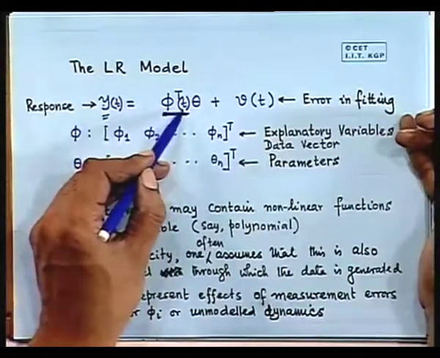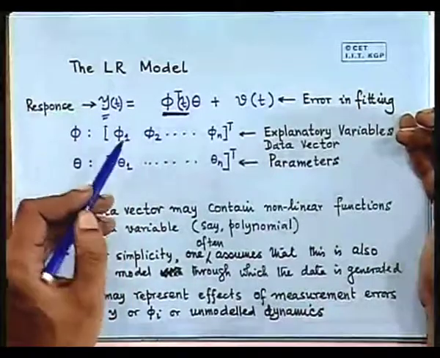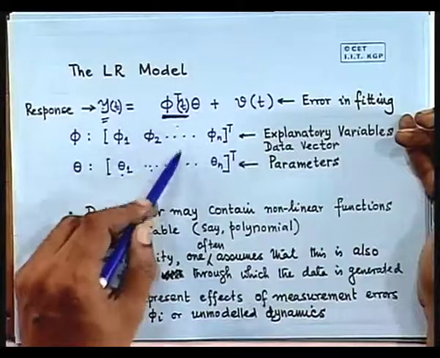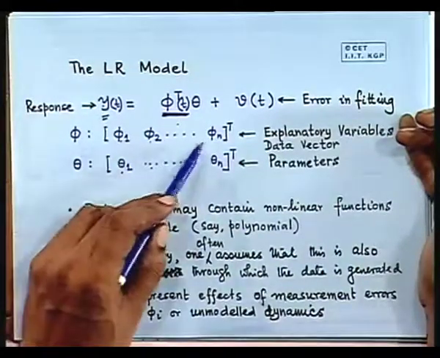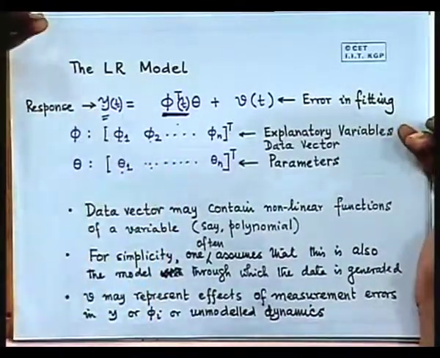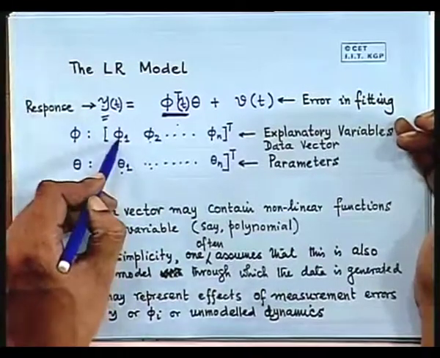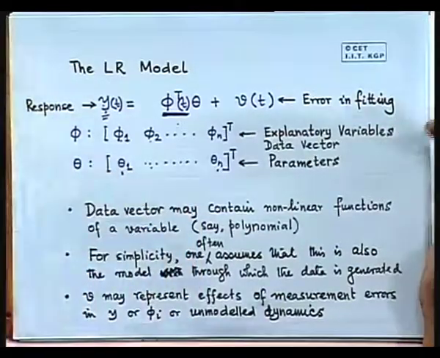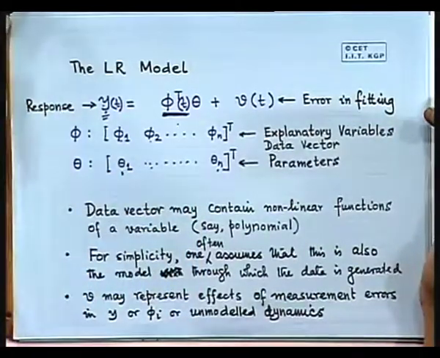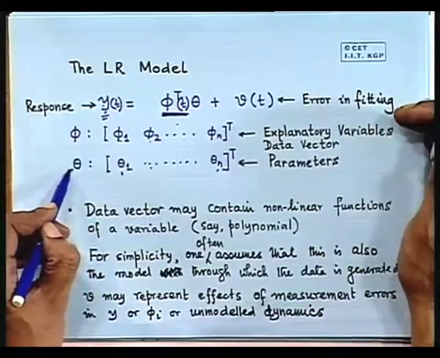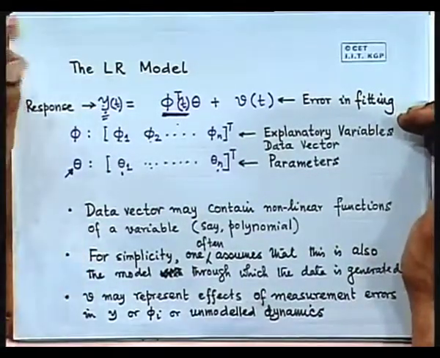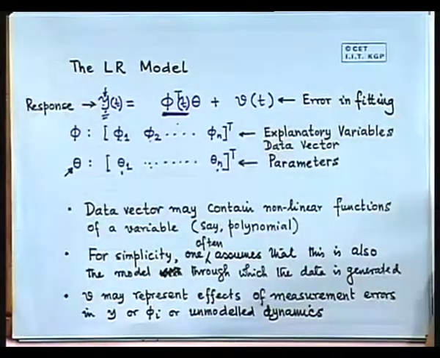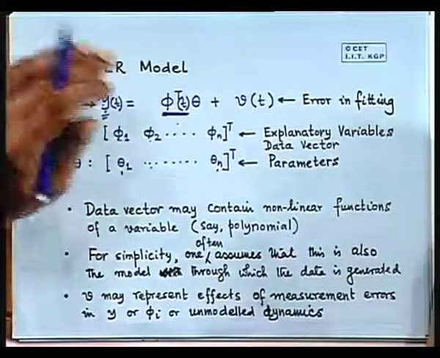In this case I have written them using a vector notation, but actually it will be like phi 1 theta 1 plus phi 2 theta 2 plus phi 3 theta 3. So these phi 1, phi 2, phi 3 are generally called explanatory variables, things which explain how this y has come, and this theta 1 up to theta n are the parameters. So we would like to find out suitable values of theta such that these variables can explain this y. That is the problem. These variables could be anything.